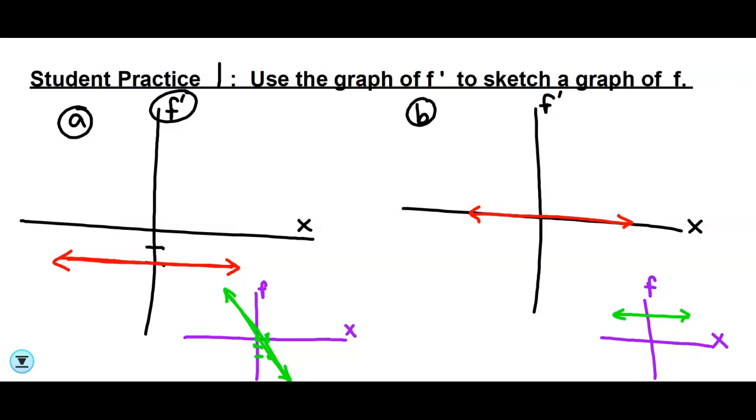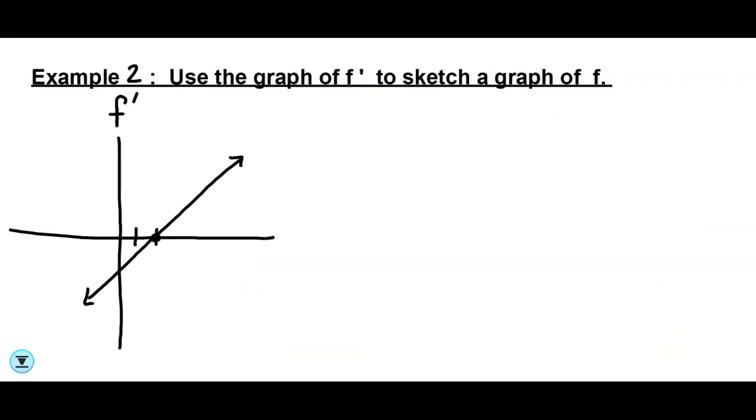All right, let's go ahead and do another example. Okay, so here's our given graph of f prime. Our job is to sketch a graph of f. All right. So once again, let's start with our first question. What do I know about f prime?